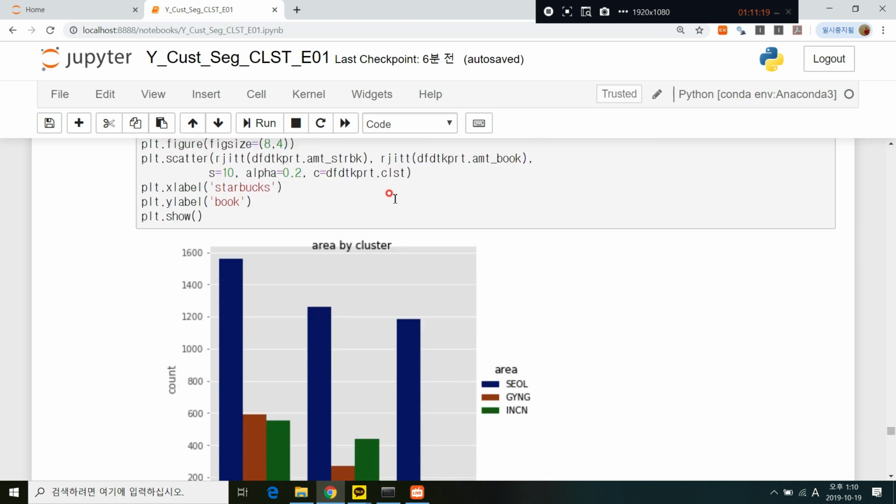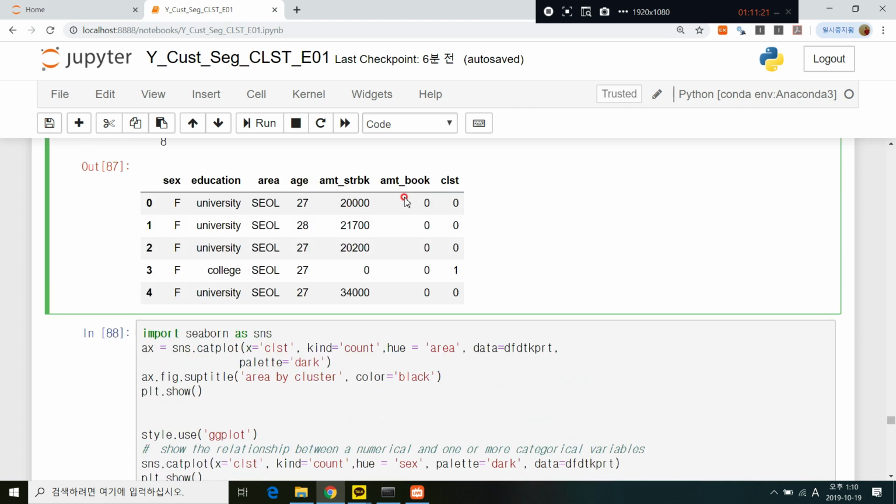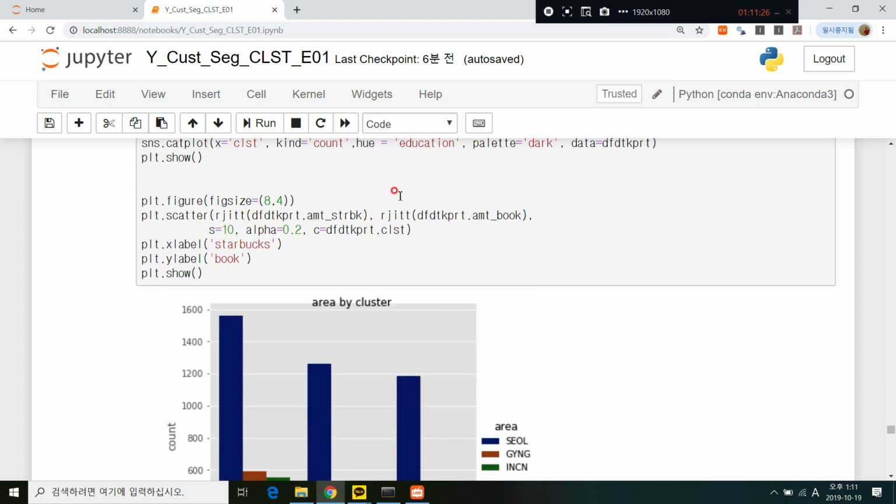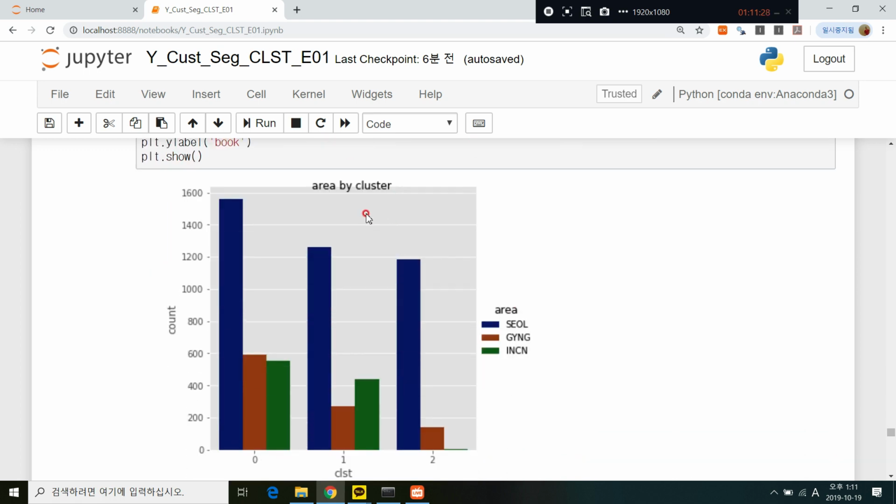Let me go here very quickly. The results are like this. Area, the location of where you live, is included in the clustering process, and it has a little bit of impact in making the result of segmentation.